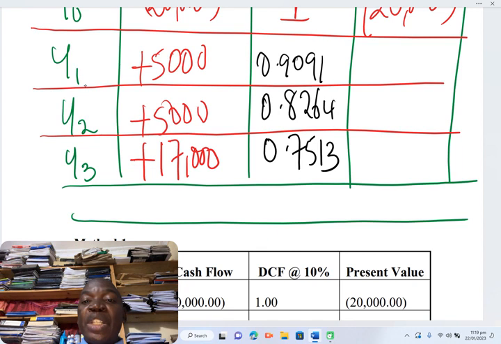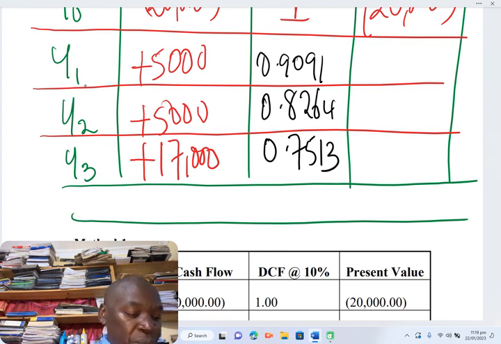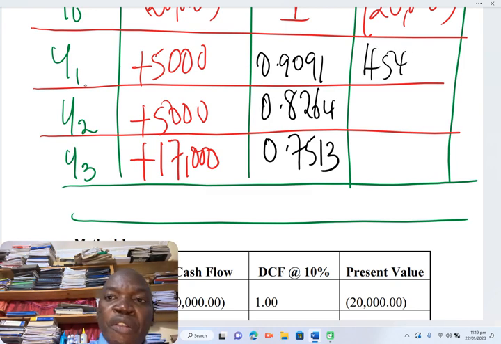It may take time, but computing in the calculator is easy. So from there, you multiply 0.909 by 5,000. So we get 4,545.5.